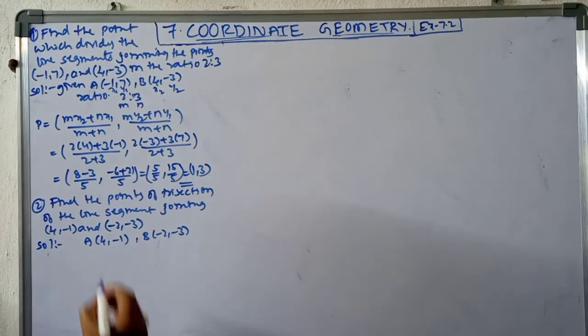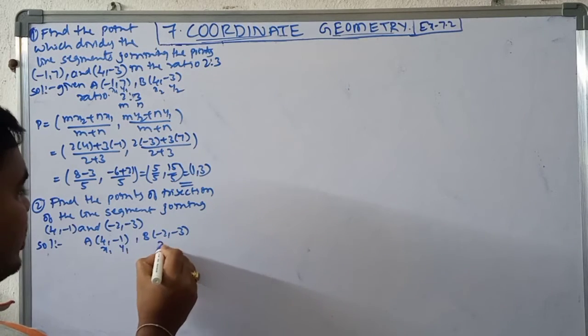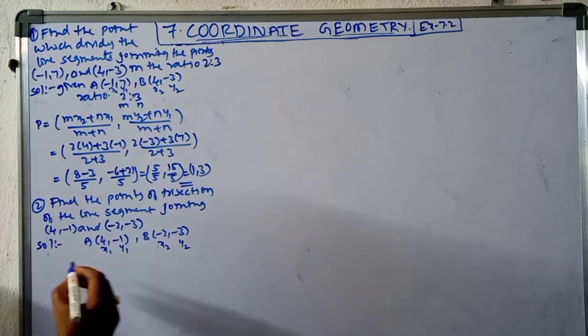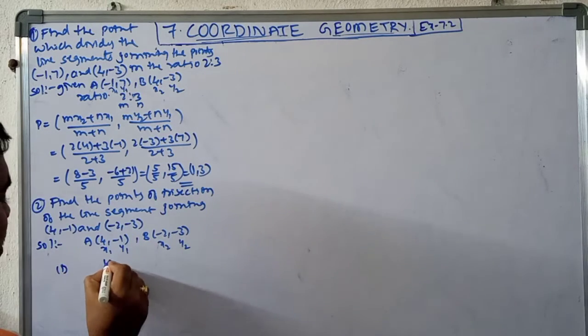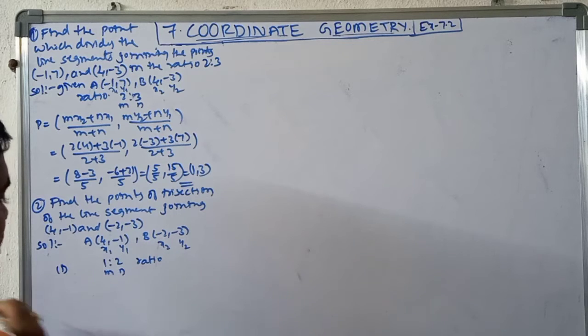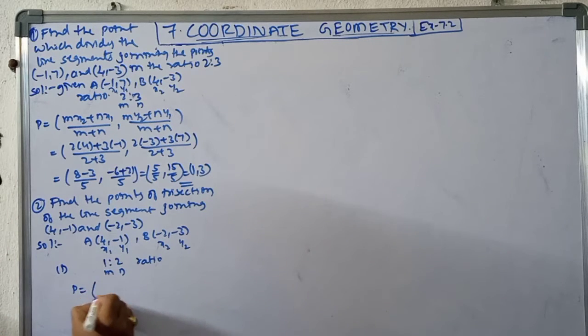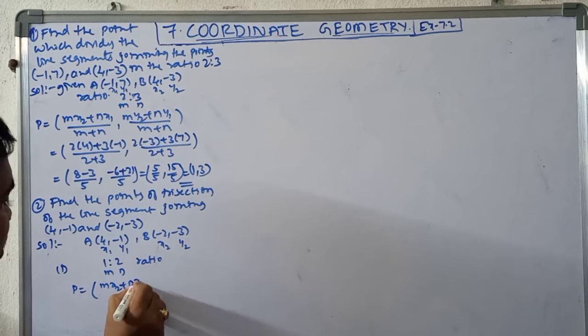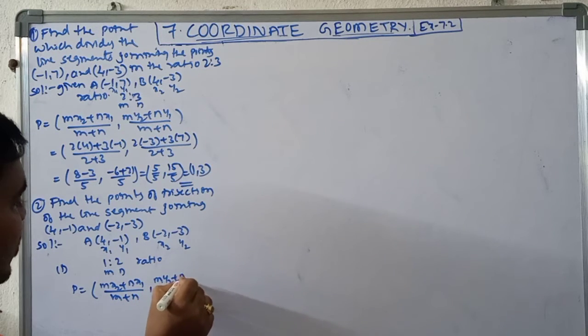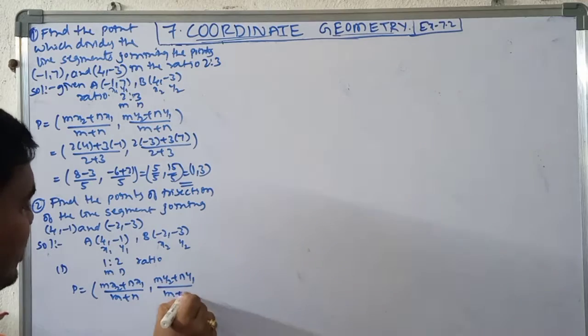So these are the points given: x1, y1, x2, y2. We need the points of trisection. One time the ratio 1:2, another time 2:1. So first the 1:2 ratio. The formula for P: (mx2 + nx1)/(m + n), (my2 + ny1)/(m + n).